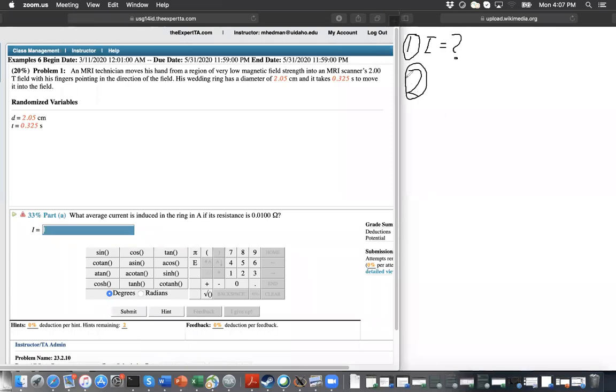Well, we can look through this. We know that the magnetic field, B, that the person stuck their hand into, is about 2 Tesla. So that's one thing we know.